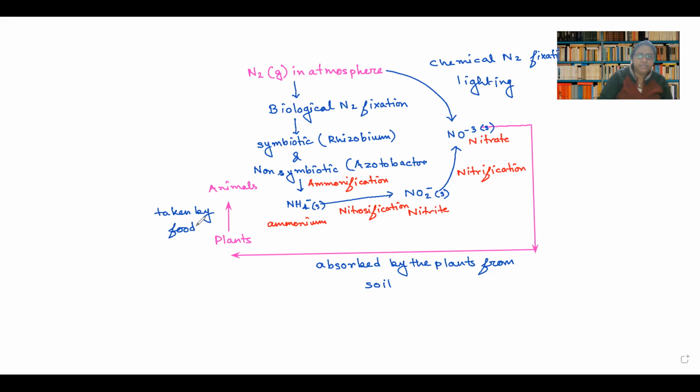But the problem is when both of these are dying, that is whenever animals are dead or plants are dead, their dead bodies, so this form, it is present in the form of nitrate. So this nitrate is going to plants, animals, and it is present in their dead bodies, which is in the form of a solid.